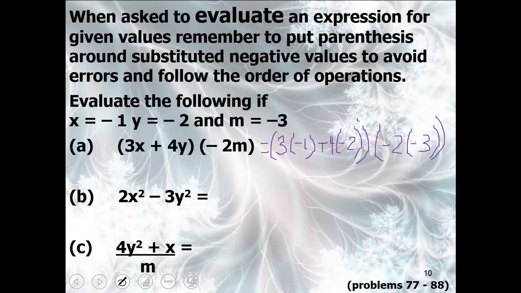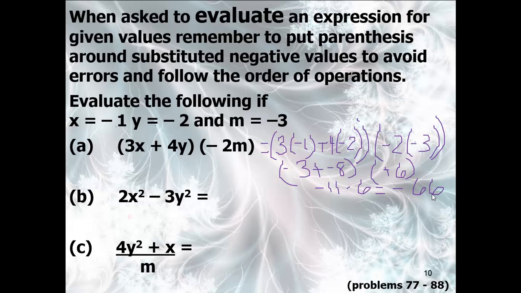I'm going to work on this one first. 3 times negative 1, that's negative 3, plus 4 times negative 2, that's negative 8. And then negative 2 times negative 3. Negative times a negative. That becomes a positive 6. All right? Negative 3 plus 8 is negative 11 times 6 equals negative 66. Right?